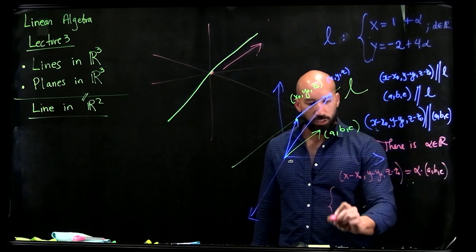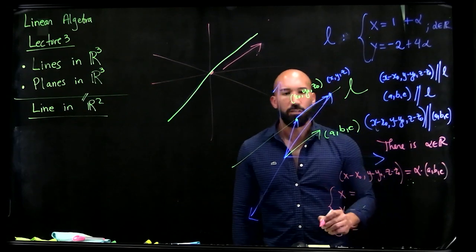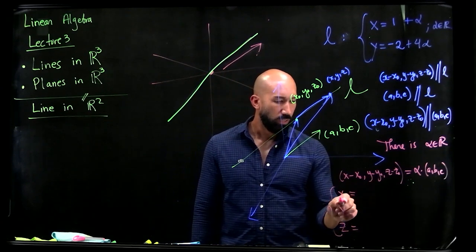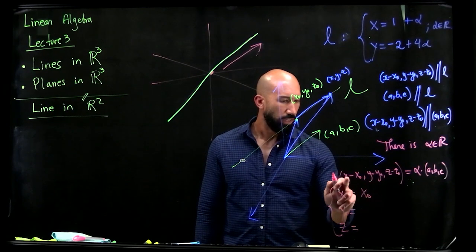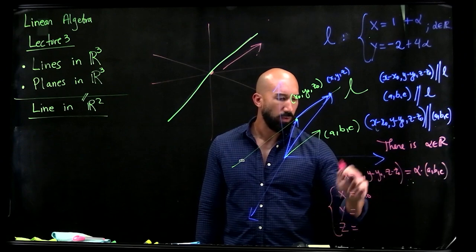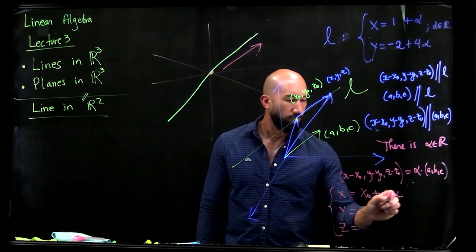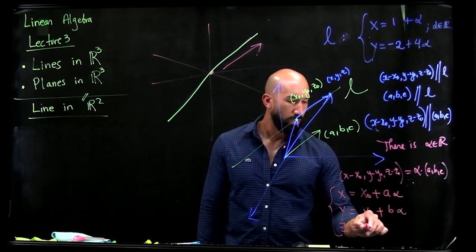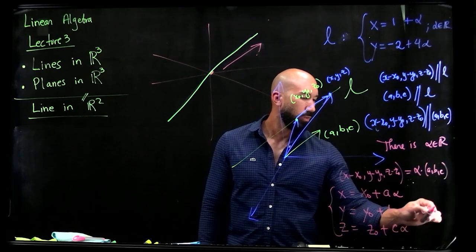And pretty much this is leading us to a very similar equation. The only difference is that now we have one more component. All right? So x minus x0 is equal to alpha times a, but I can take x0 to the other side, so x0 plus a alpha, y0 plus b alpha, and z0 plus c alpha with alpha real.